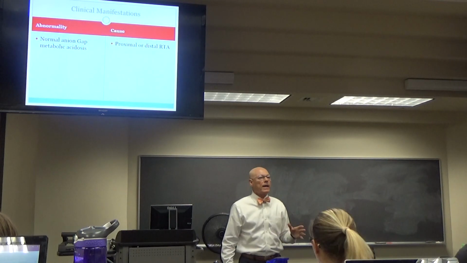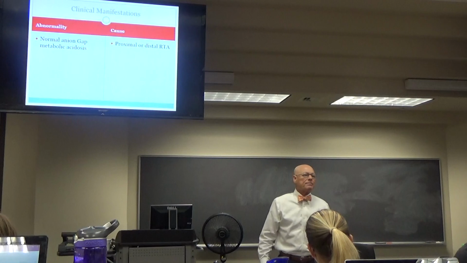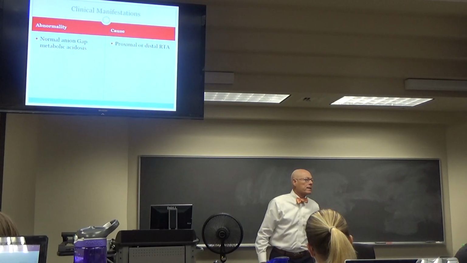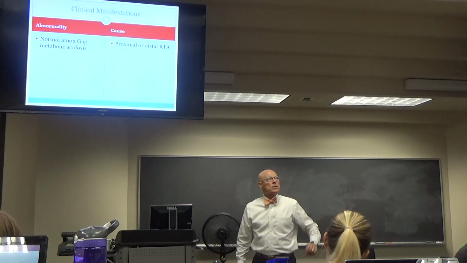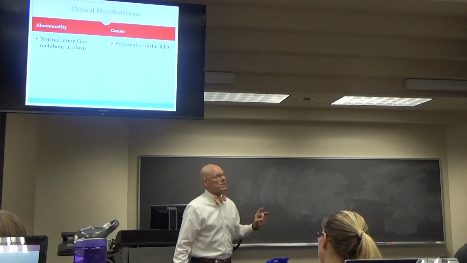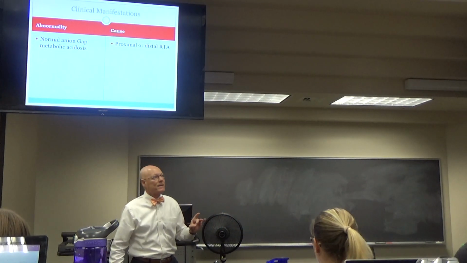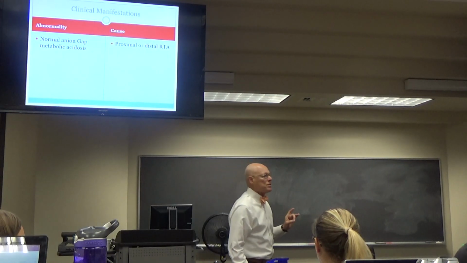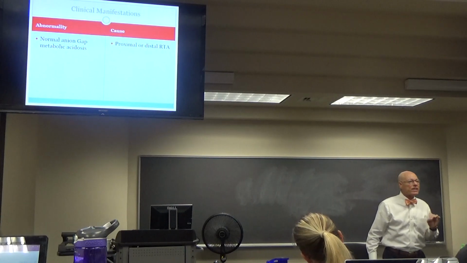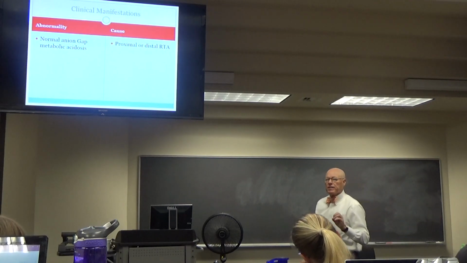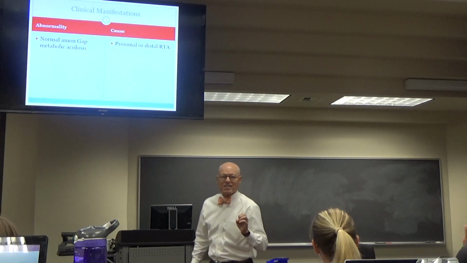Have you studied wide and narrow anion gaps? Yeah? Okay. So tubulointerstitial diseases present with normal anion gap metabolic acidoses. How can you tell that your patient has a metabolic acidosis?